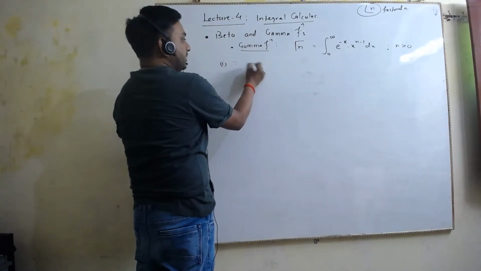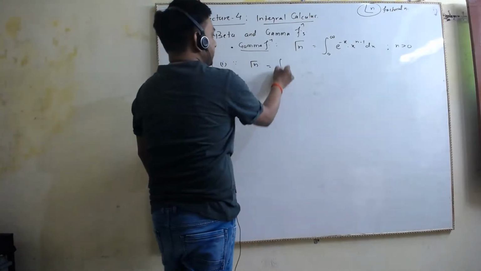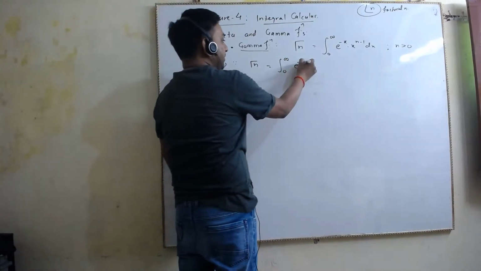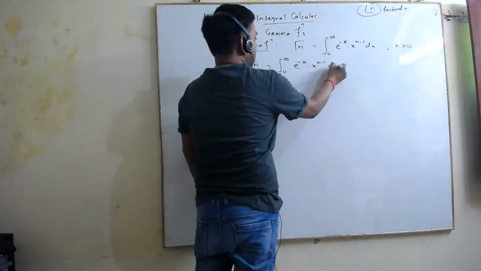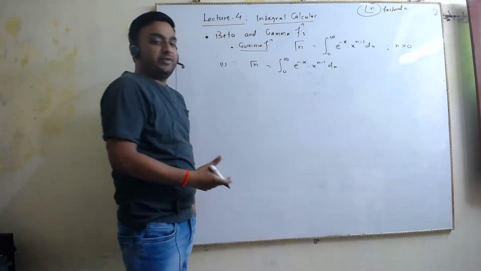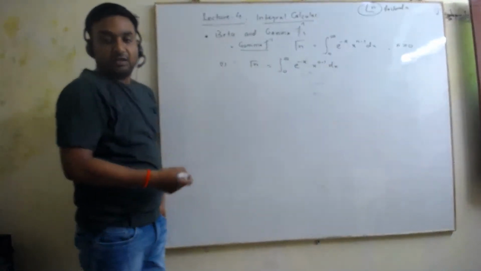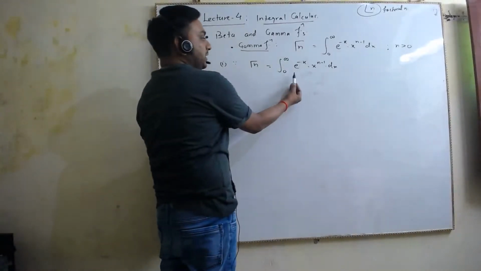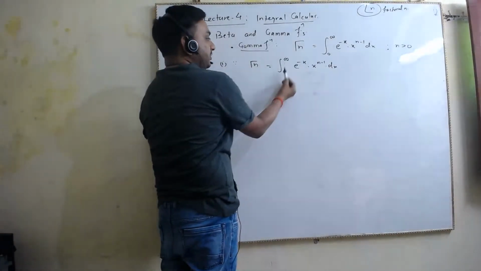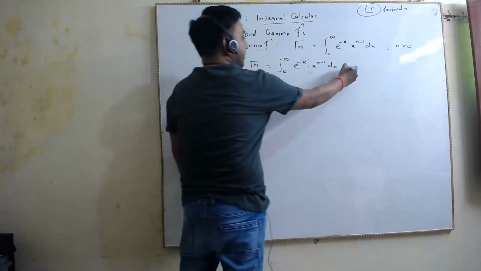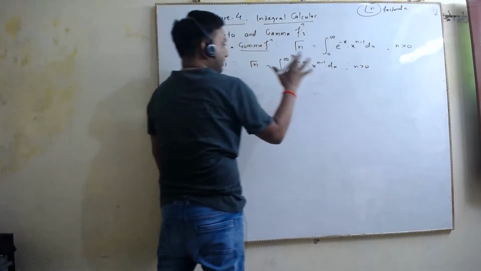Number first, gamma n is given by, if someone asks what is the definition of gamma function, what will you say? Gamma n equals integral 0 to infinity e raised to power minus x, x power n minus 1 dx, where n is greater than 0.